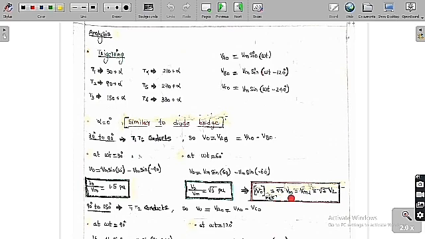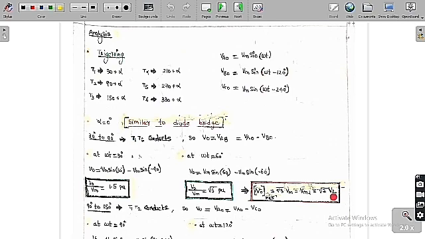Root 3 into Vm is called the maximum value of the line voltage, which is equal to root 2 into VL, where VL is the RMS value of the line voltage. So root 3 into Vm equals root 2 times the RMS value of the line voltage, root 2 into VL.